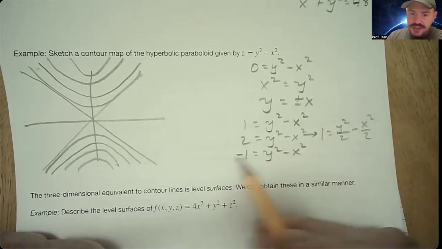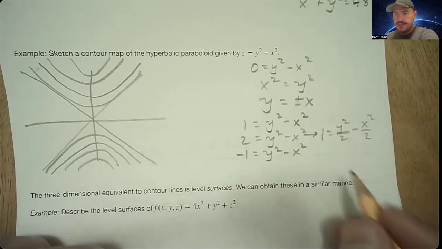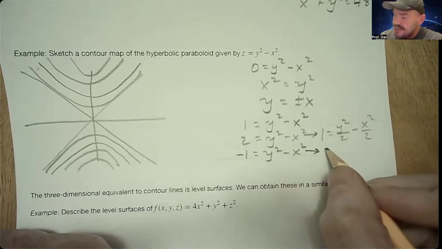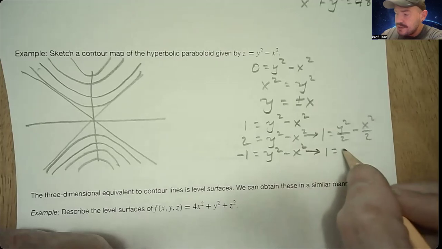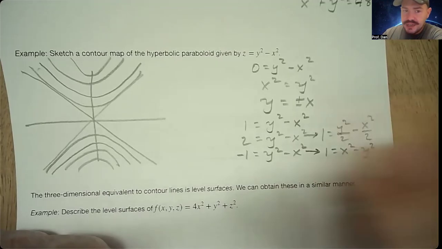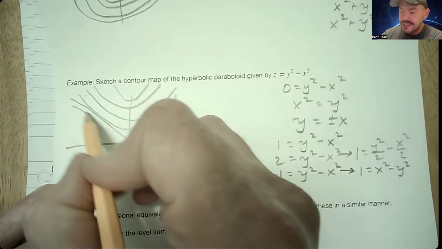In this case, I would divide by -1 because I want this to make a hyperbola equation. If I do that, though, we end up getting +1 equals negative y squared plus x squared, which we can also write as x squared minus y squared. And that's going to make the other kind of hyperbola, right? The one that goes sideways.